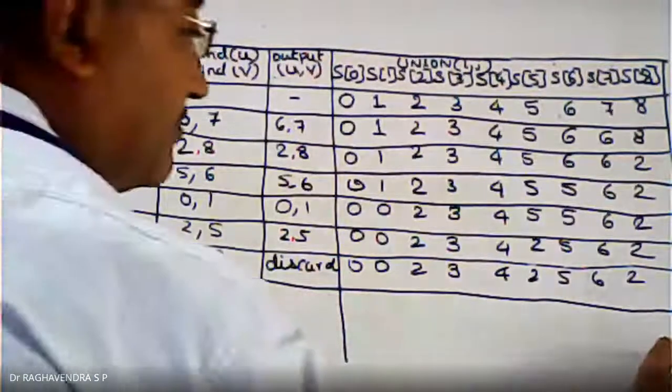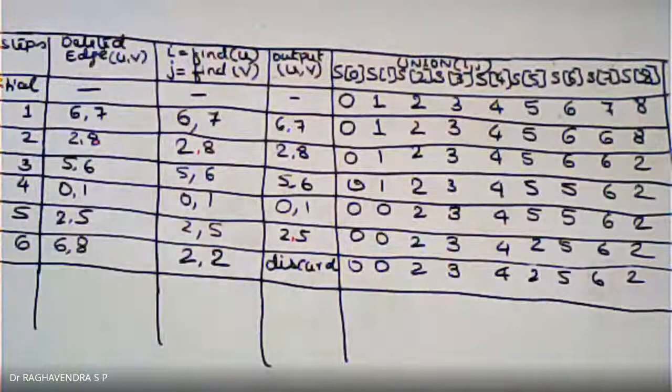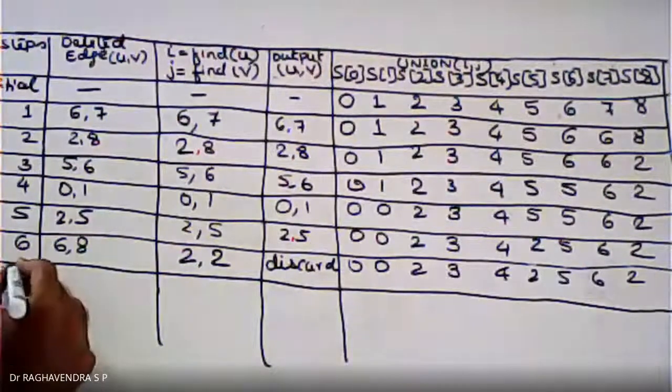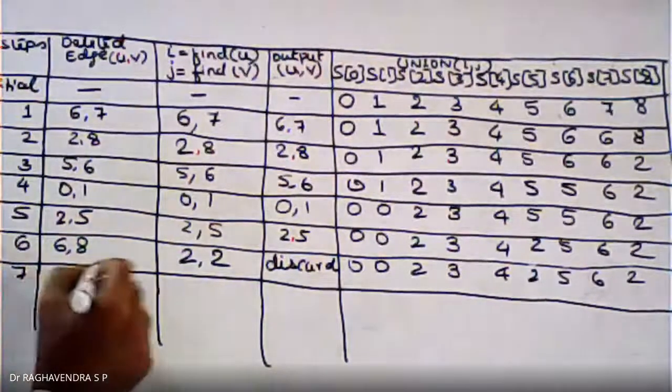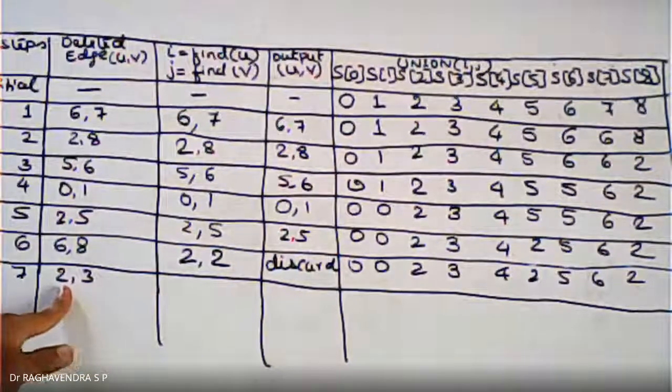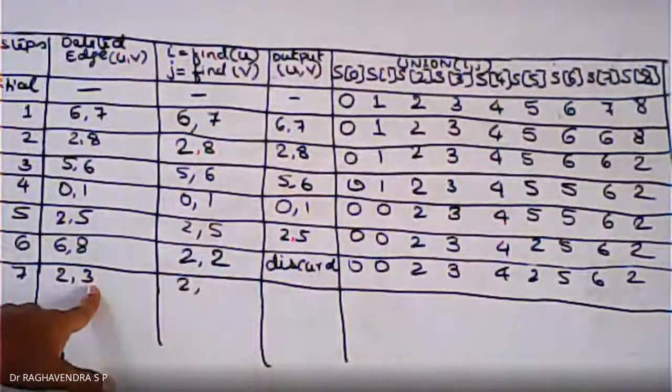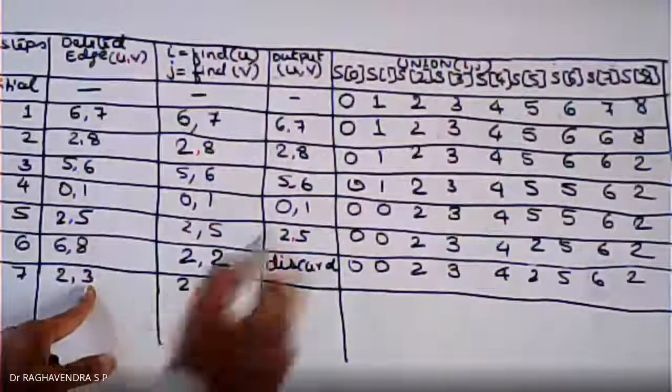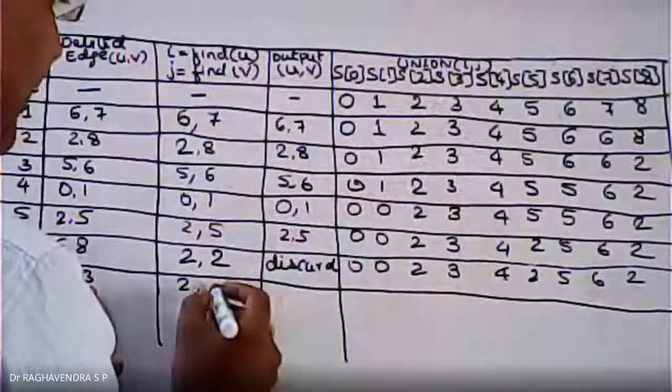Next, identify the next least edge. Next edge: 2, 3. Okay, 2, 3 is the next step. 7th step, 2, 3. Now identify the root for 2, and for 3. 3 is 3.